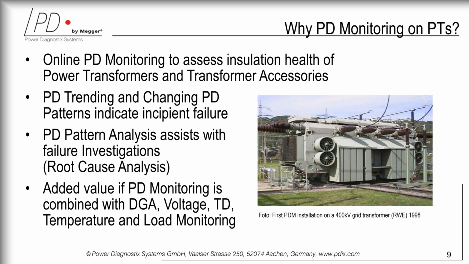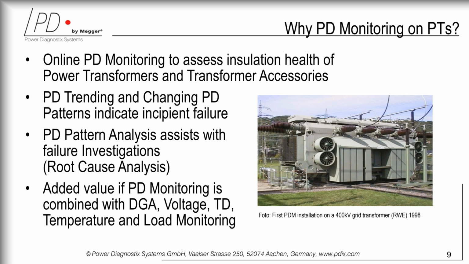So people will choose to implement different methods. But for instance, if somebody installs a DGA device, the dissolved gas analysis will only show things after a while. With partial discharge monitoring, things can be shown even earlier. So there is a discussion. Of course, it depends on how much money people want to spend on monitoring that transformer.